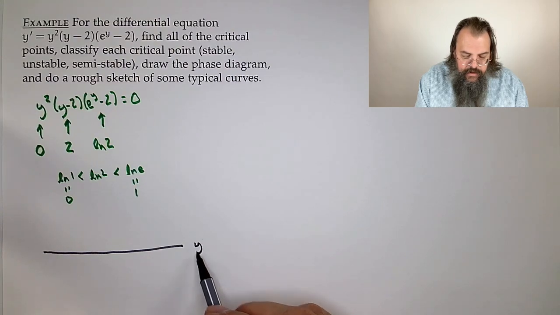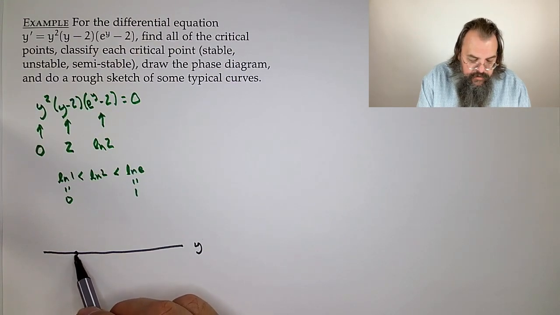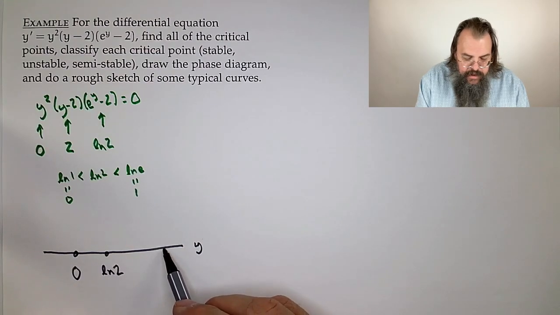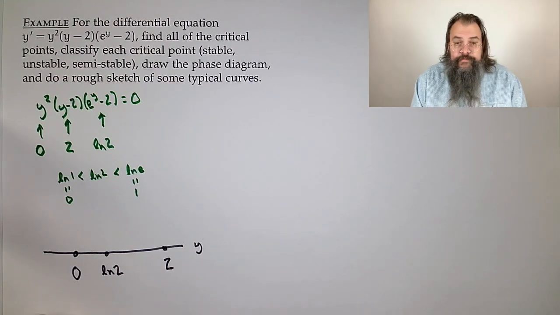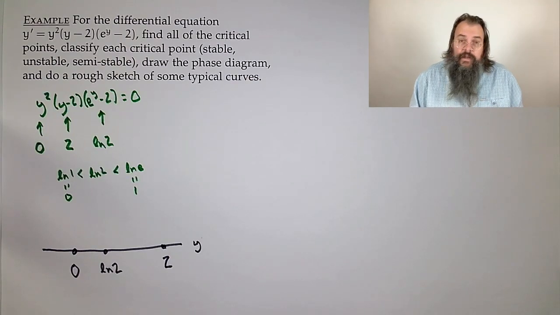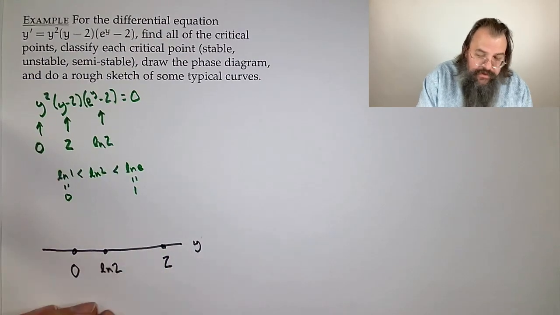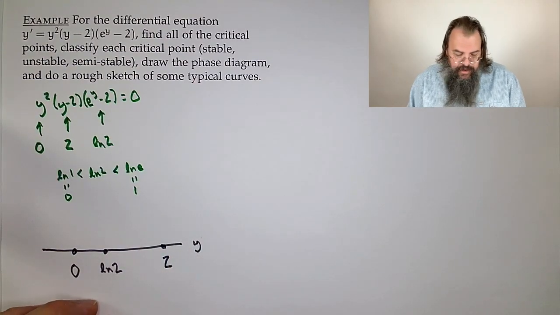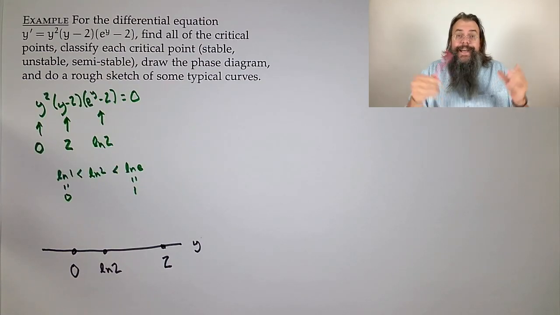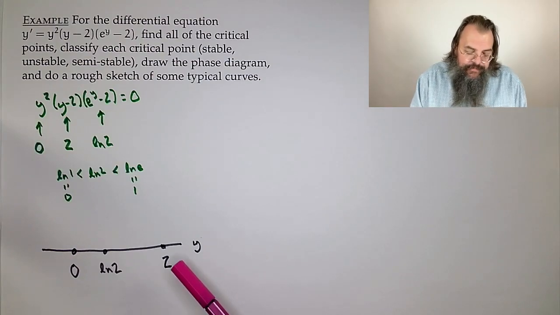So here is our y, and we mark our points: 0, log 2, and 2. And now, what do we need to do? Well, we need to think about the sign of the derivative in each one of these 4 pieces. So we pick any number in between.